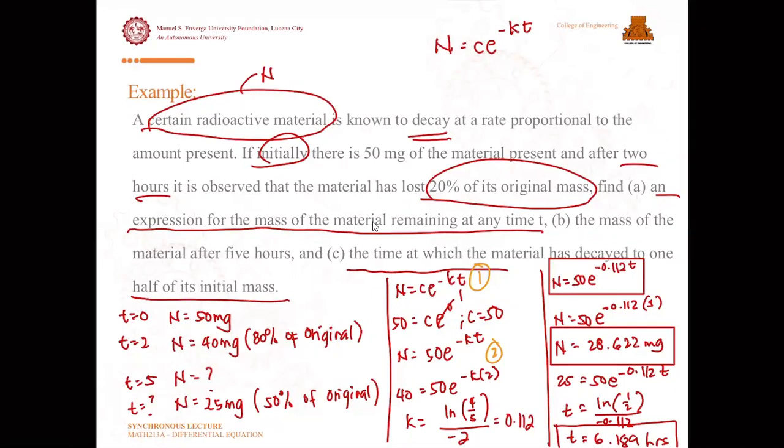Any question? Okay? So here in letter C, it said half of its mass. You may encounter other problems where the term used is not half of its mass but, for example, at what time is the half-life of the bacteria.